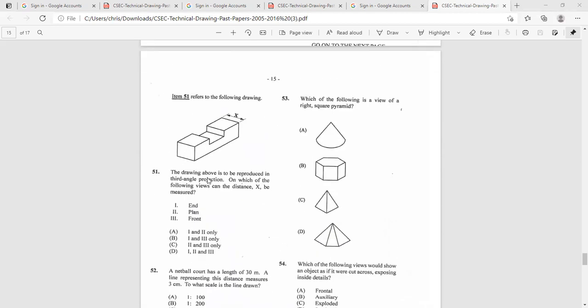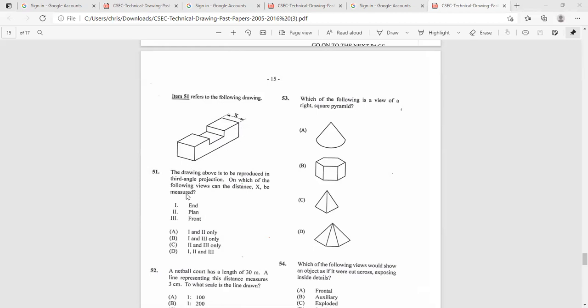The drawing above is to be reproduced by third angle projection. On which of the following views can the distance x be seen? X would be seen here. Here is one face, and here is the front elevation.